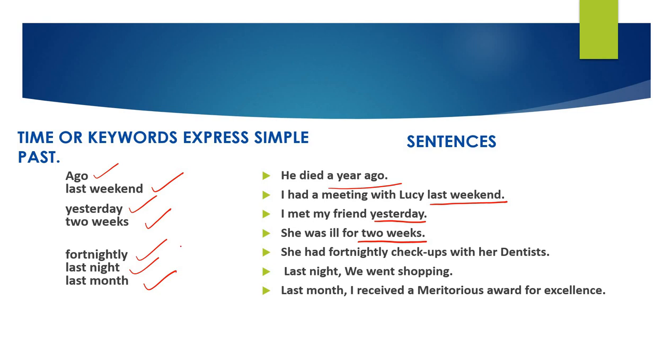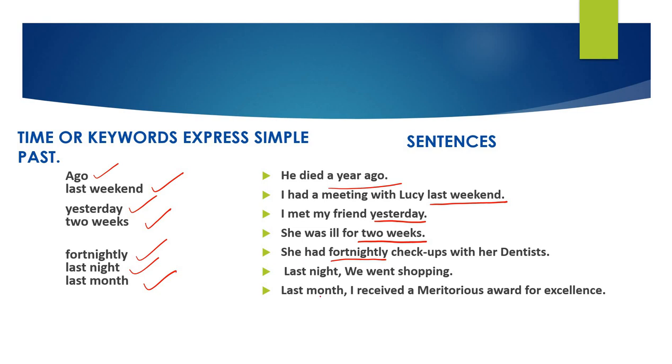So that 2 weeks here tells the duration and it clearly states that for the past 2 weeks she was seriously ill. She had fortnightly checkups with her dentist. Fortnightly. After every 14 days, she used to have her routine checkup with the dentist.